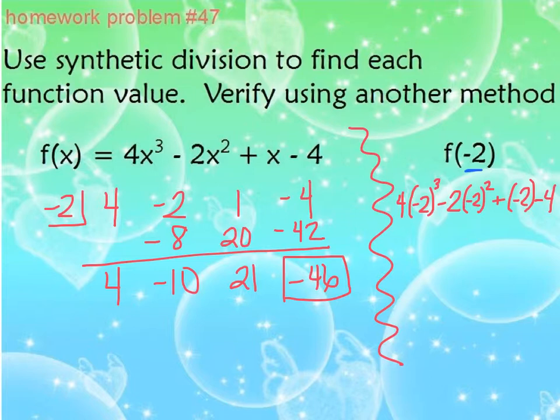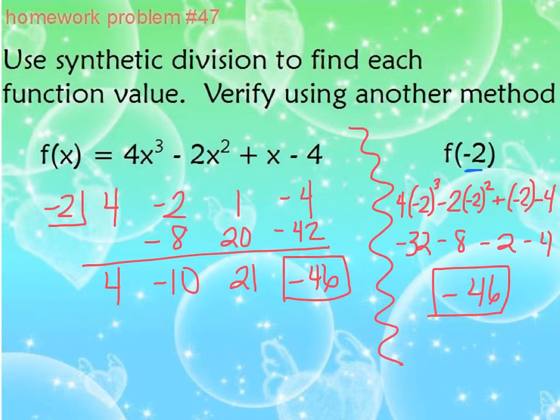To clean this up, negative 2 cubed is negative 8 times 4 would be negative 32. On this next term, negative 2 squared is 4 times negative 2. And then I have a minus 2 and a minus 4. When I add that all up, that's going to be negative 46.